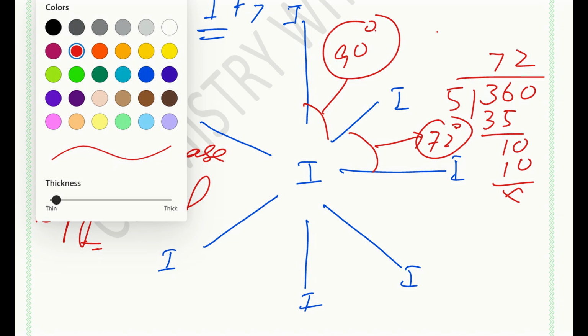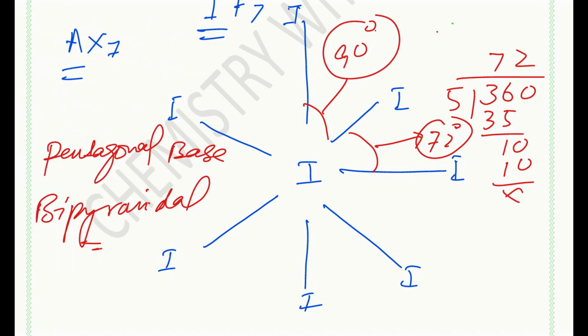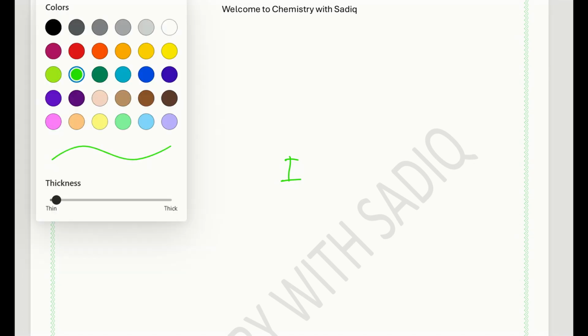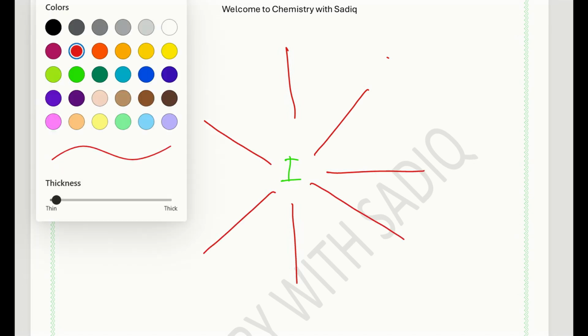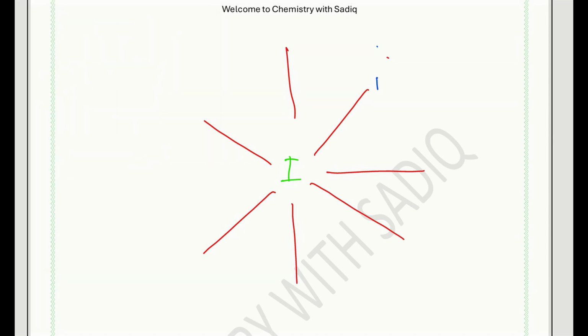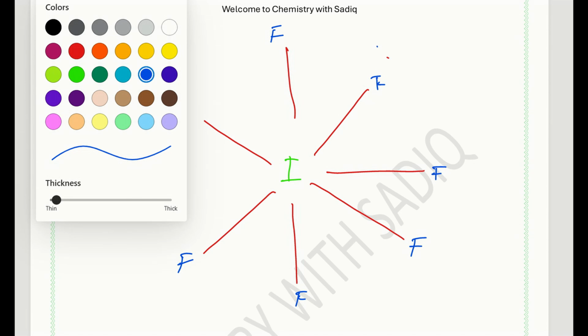Now these are like crystal structures, okay? So if I'm going to redraw this structure for you, just see how it will look. Iodine is exactly in the center, IF7, and if I just show 1, 2, 3, 4, 5, 6, 7 fluorines, how would it look like? I'm just going to draw this for you.